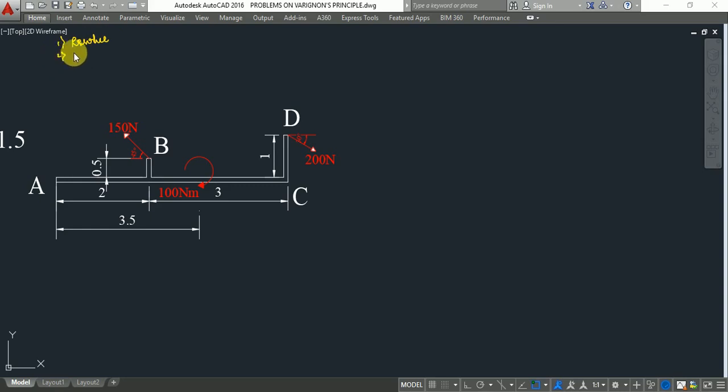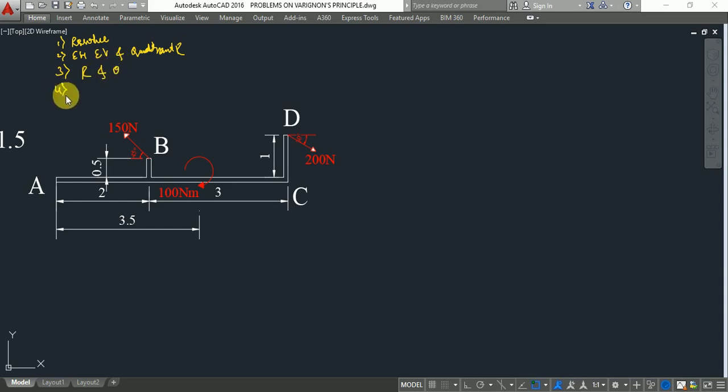Then the second step is to find the summation of horizontal, the summation of vertical, and the quadrant in which the resultant is acting. Next, the third step is to find the magnitude of the resultant and its angle theta.